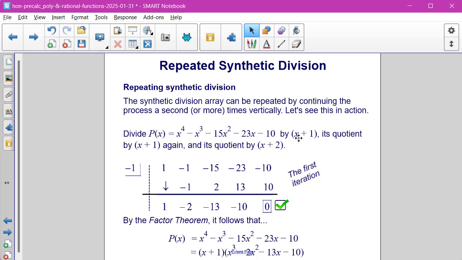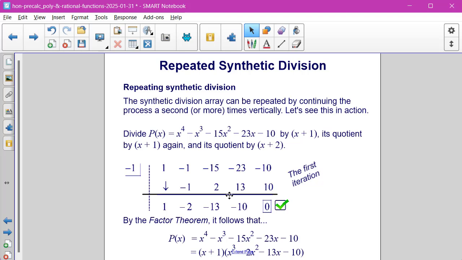First, when we do the division by x plus 1, our number that we put in the box is -1. Write down all the original coefficients, 1, -1, -15, -23, and -10, and perform the synthetic division. Bring the 1 down, multiply, add. Multiply, add straight down.